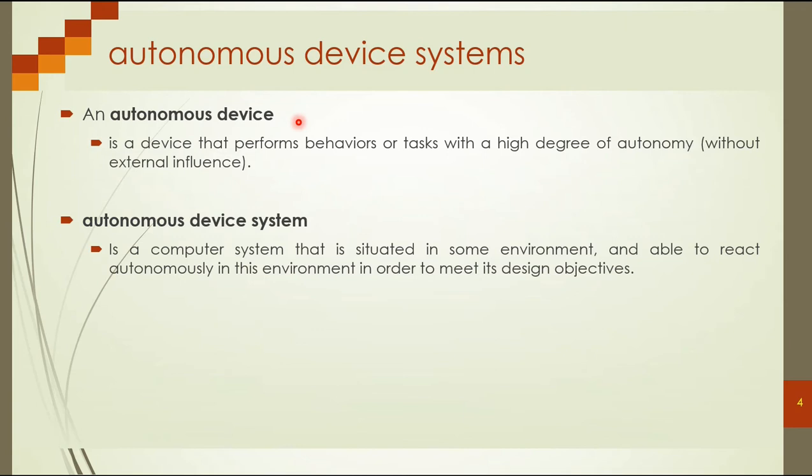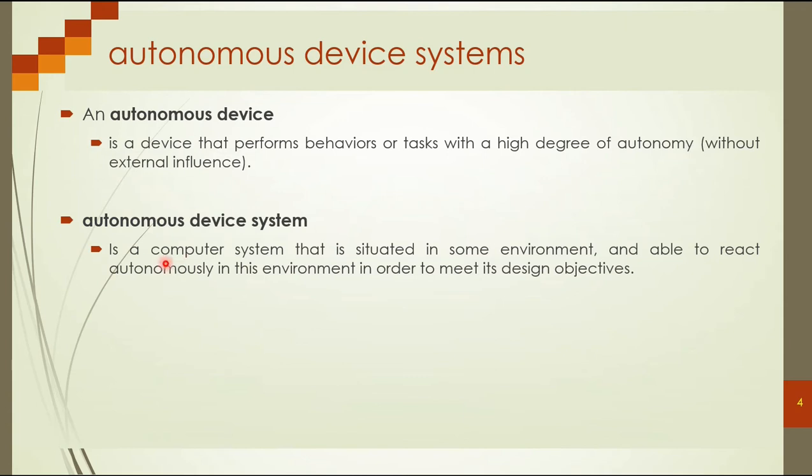Sometimes if we have a device connected to or giving instructions to another device, we cannot consider it fully autonomous, because it is based on the other device. If both are without influence from any third external party, maybe we can say both are autonomous together.